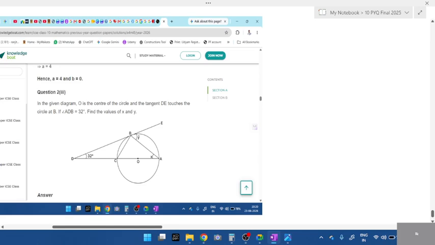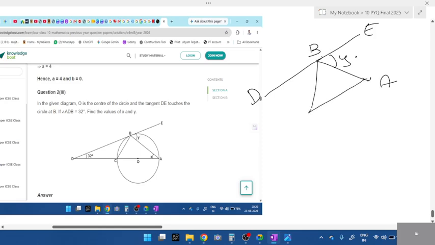Where is angle Y given, students? Where is angle Y given? Which angle is Y? EBA is Y, right? If EBA is Y, which is the tangent? All of you look at the screen. DBE is the tangent. According to the alternate segment theorem, which one else will be Y?